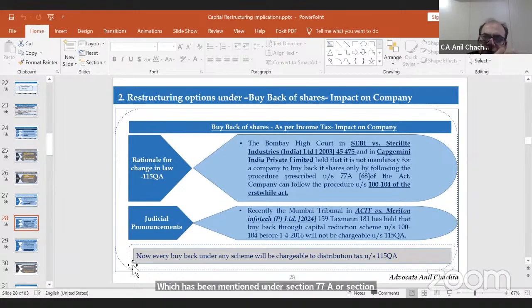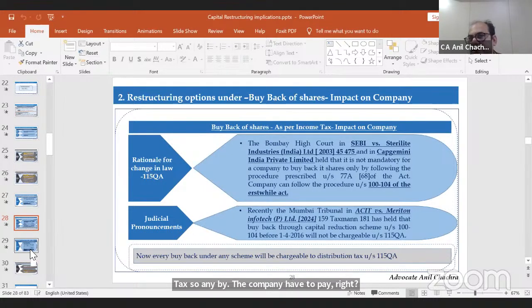They can do the capital reduction by way of the arrangement mentioned under Sections 230 to 232, or the erstwhile Sections 100 to 104. People were taking advantage of that by reducing their capital through an arrangement under Sections 230 to 232 or 100 to 104 of the erstwhile Act. That's why they have introduced the change that any type of buyback will be included in the distribution tax. So for any buyback, the company has to pay tax at the rate of 20%.